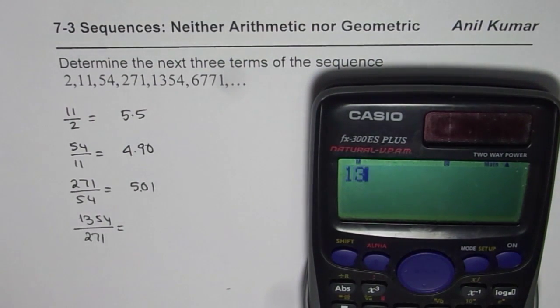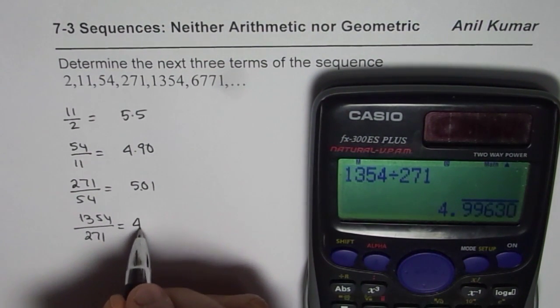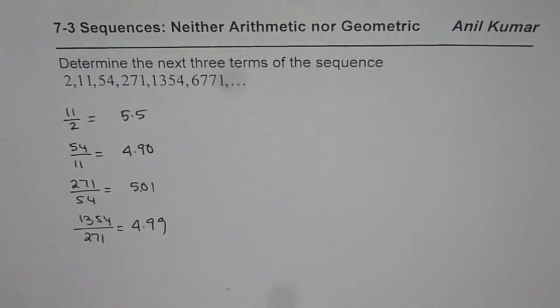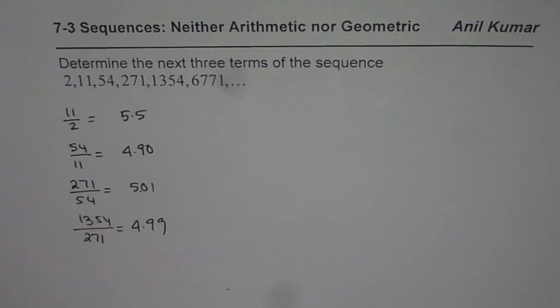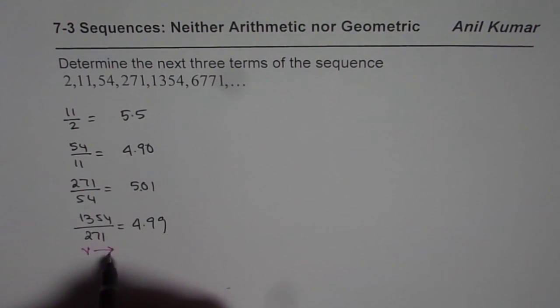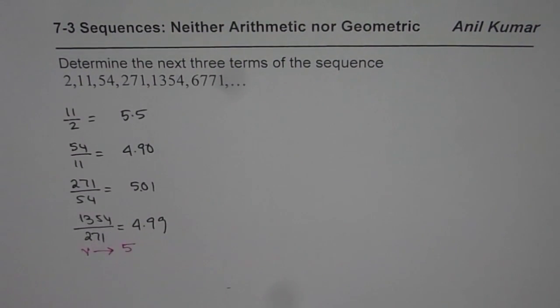And 1354 divided by 271 is equal to, in decimals, 4.99. So what we observe here is that this ratio is not 5, but it is close to 5. So we can conclude that the ratio r approaches 5. It's very, very close to 5.